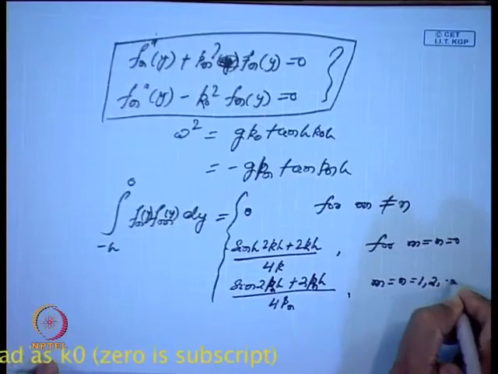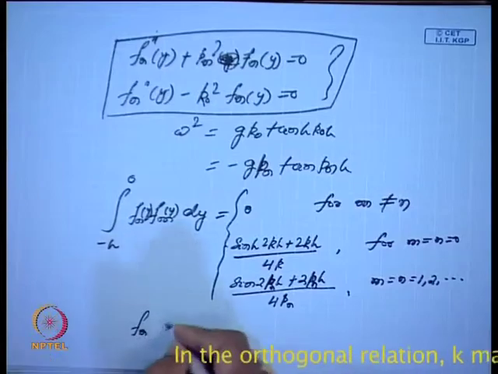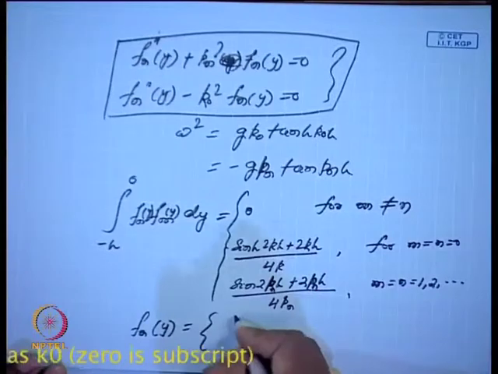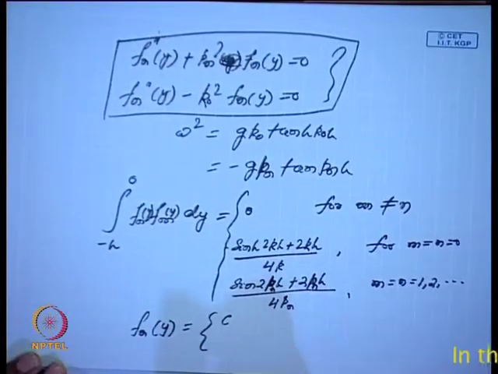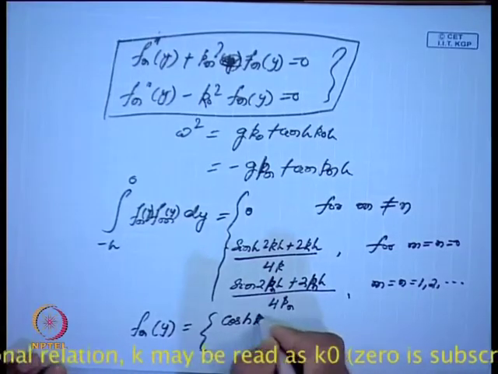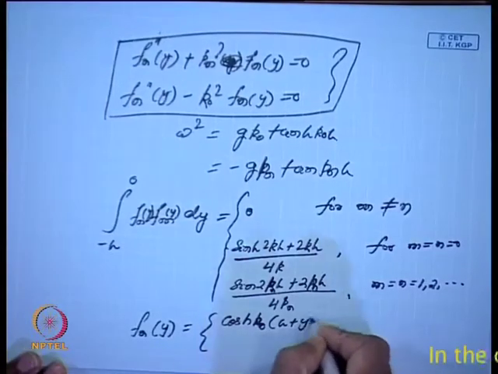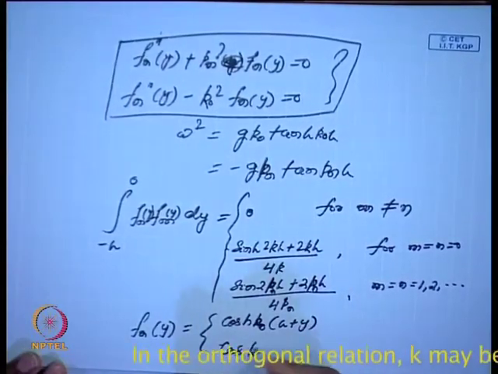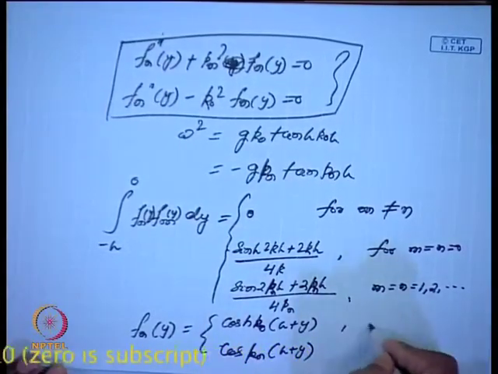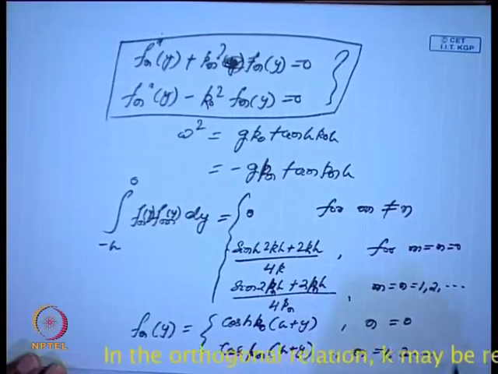And here my f m is cos hyperbolic k naught of h plus y, and cos p n of h plus y, for n equal to 1, 2, and so on.